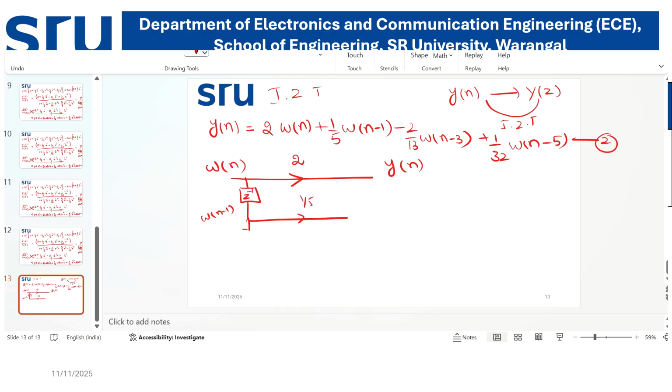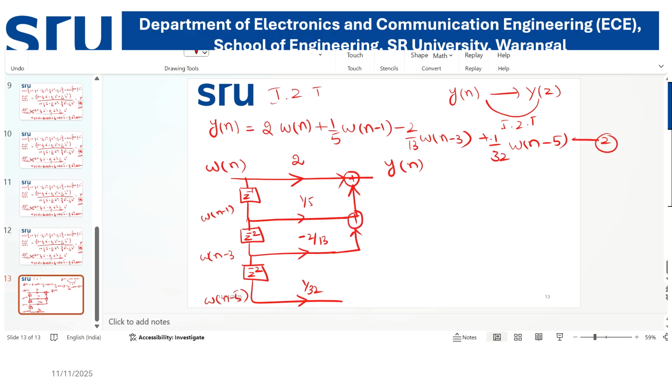And second, it is delayed by 2 samples, so directly I am writing here z^-2 to generate w(n-3). Again, to generate w(n-5), delayed by 2 samples. And the coefficient for w(n-3) is minus 2/13, and the last one is 1/32. Now same, we have the adders to connect the available terms with the output term.